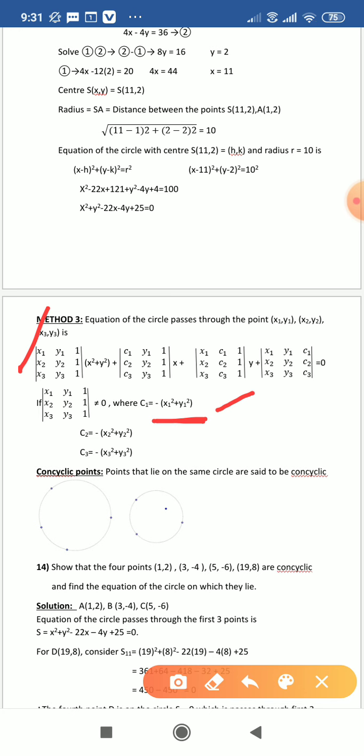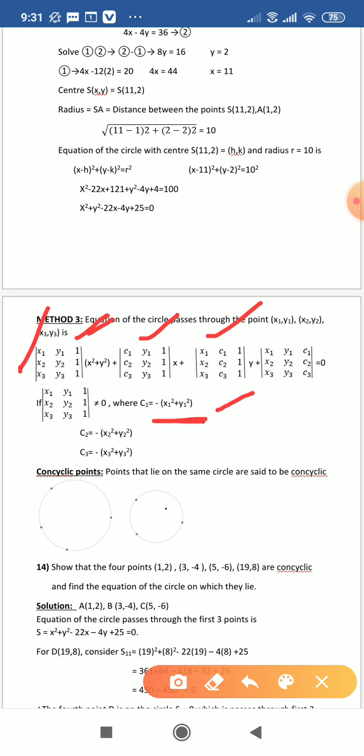So eliminate the first column in this determinant, eliminate the first column x1, x2, x3. Substitute the first column with C1, C2, C3. We find the second determinant. This is the second determinant: C1, y1, 1, C2, y2, 1, C3, y3, 1. Okay. Next, the third determinant. In the first determinant, replace the second column with C1, C2, C3.